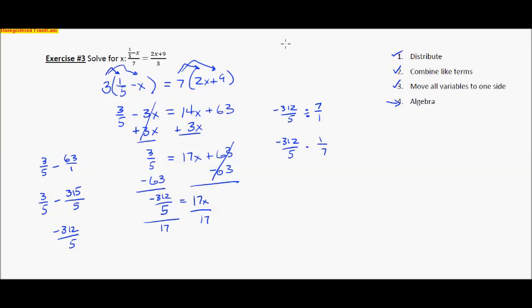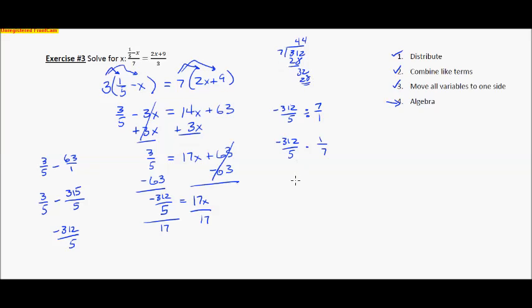So let's see. What could I divide 17 by? Well, I could divide 17 by 17, so that's really my only choice here. And let's see if 312 will divide by 17. Let's see, 28. And I bring that down, and I get 32. And 32 divided by 7, well, it doesn't work, because that only goes in 4 times, and I get 28, and I get a remainder.